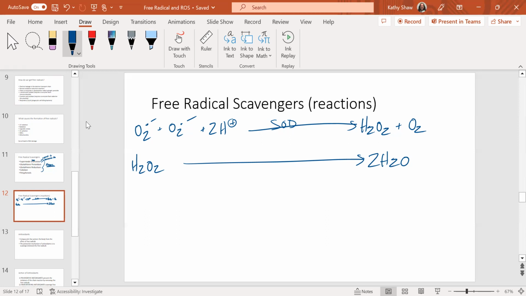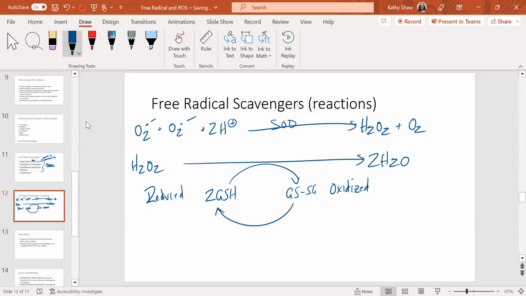So what I'm going to do while I do that is I'm going to take glutathione, the reduced version of glutathione. I'm going to oxidize it. So that was an oxidation, which allows me to reduce hydrogen peroxide to water. So that's my reduction. I don't leave the glutathione alone.